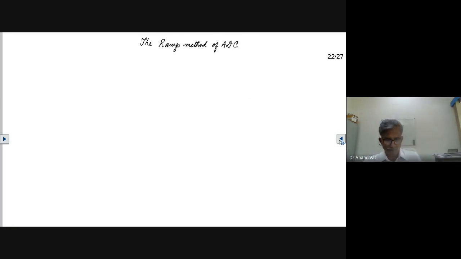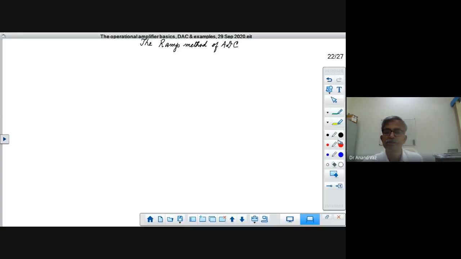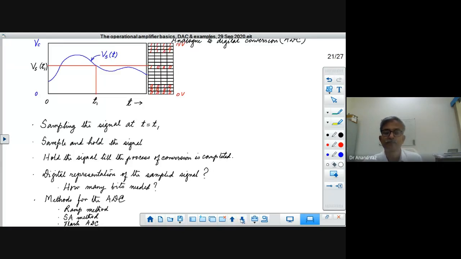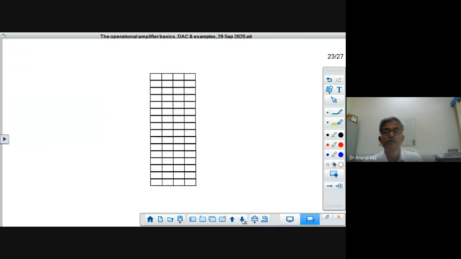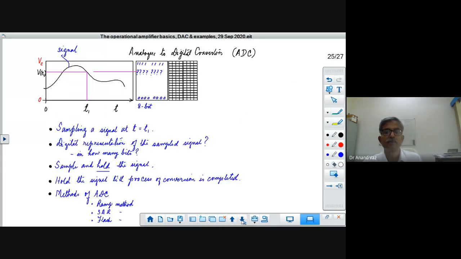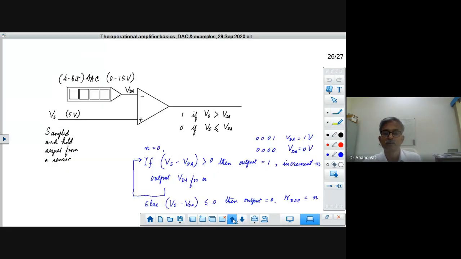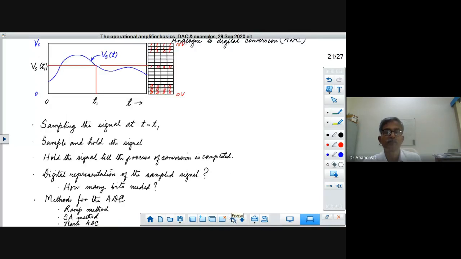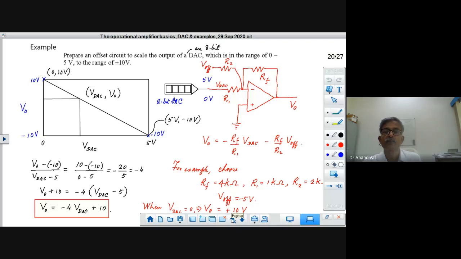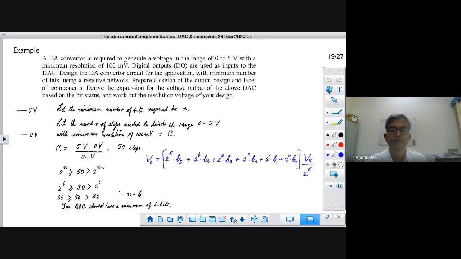Now here we will take our symbol of the operational amplifier. We will take the symbol of the DAC. Why do we use that? Well, we have it over here already. Let us take a better picture.